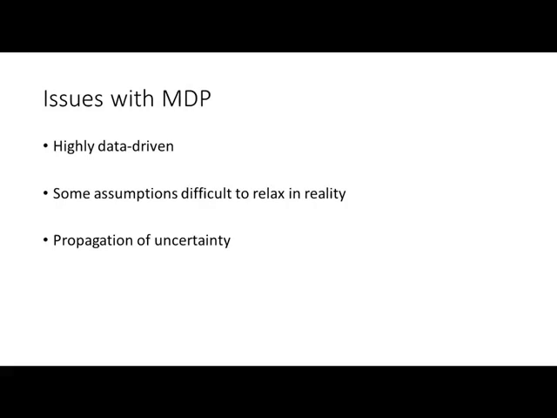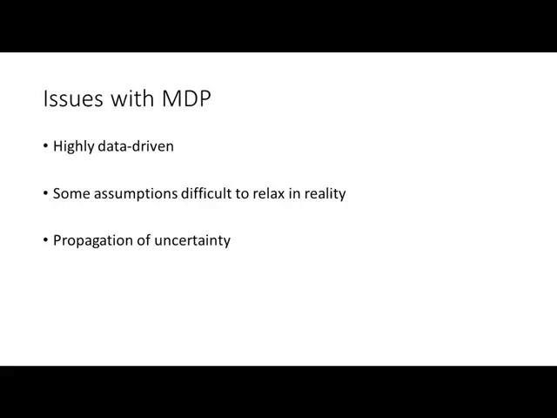Okay, so now I have talked about so many fancy things, good things about Markov decision process. What are the issues? We know every approach has its limitations, right? And Markov decision process, many people have argued about its appropriateness or applicability in health economics. I'm not going to repeat those.